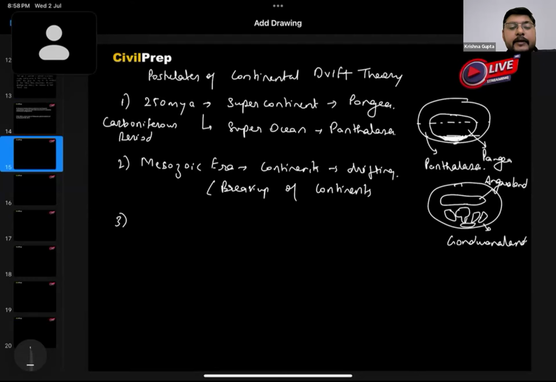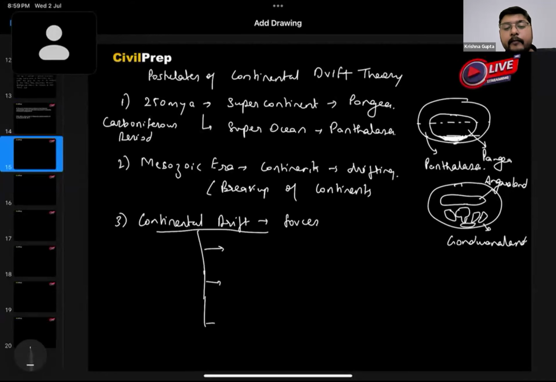Now, in the third aspect, there was a continental drift. Under this part, he has provided certain forces. There were three forces. Number one was the pole fling force.